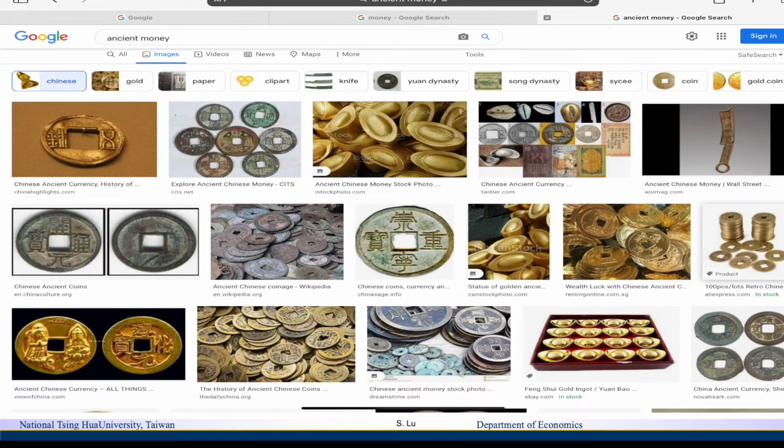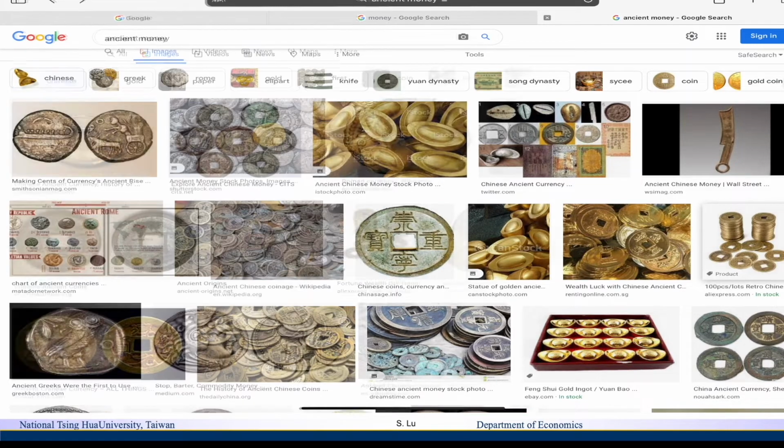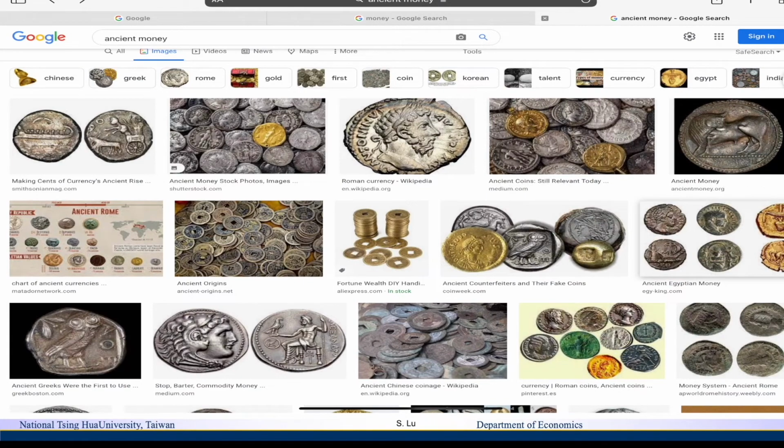You can even see some cowrie shells which are used as the medium of exchange, which are the money. And if we look further, we can see some ancient money that is not in good round shapes. They are badly minted, in a shape like a pottery made by kindergarten kids. But anyway, those are the money used in the old times.